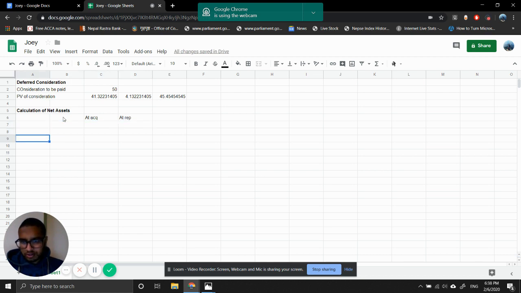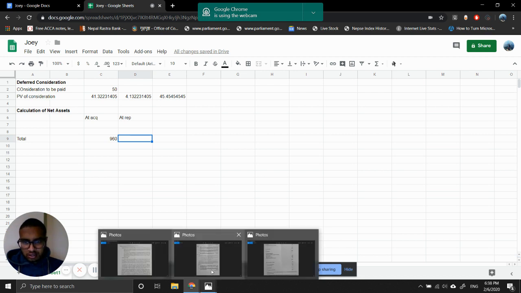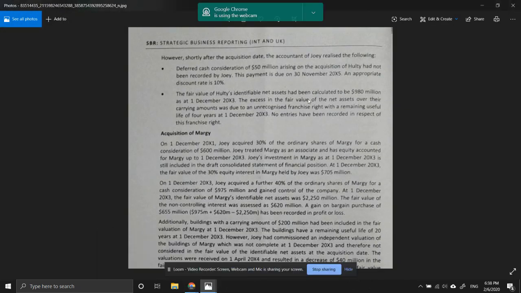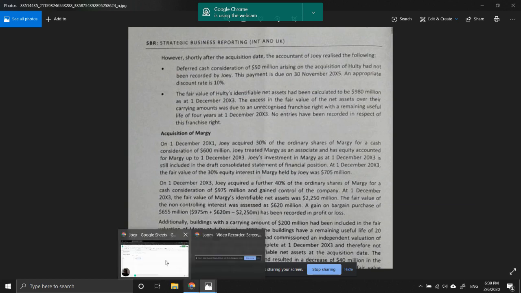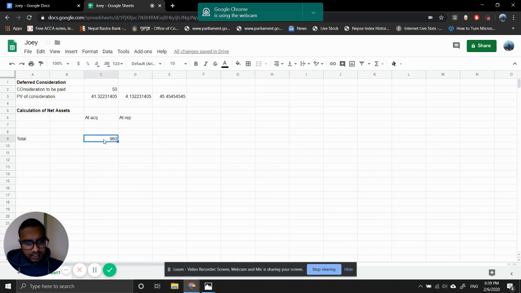So what was the net assets? The total figure was 960, but the fair value as at 1st December 20x2 had been calculated to 980. The excess in fair value was due to that, right? So that means 980.